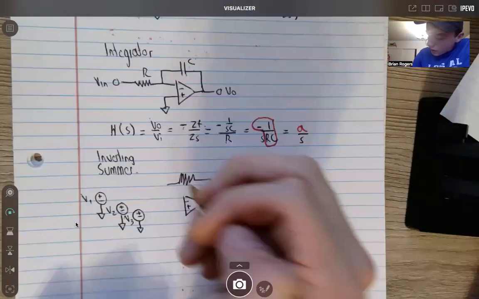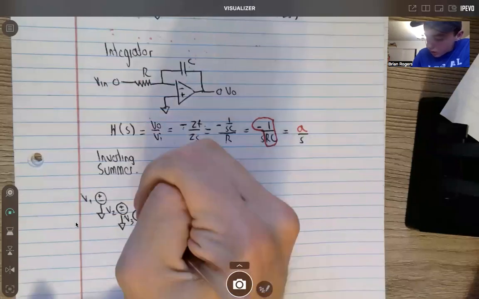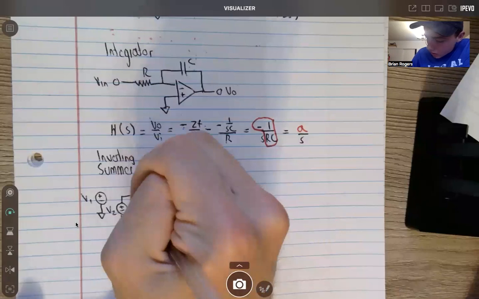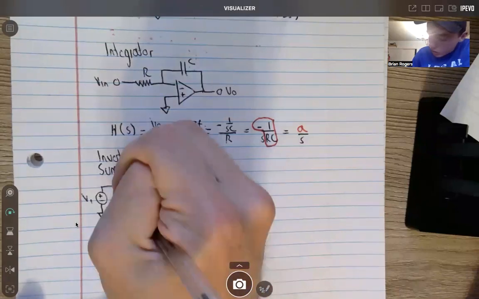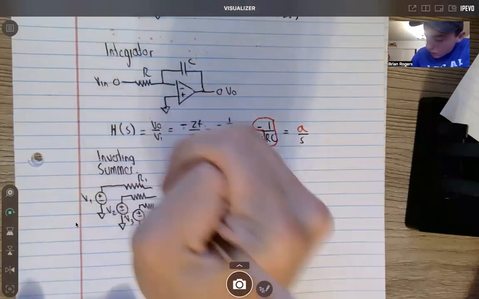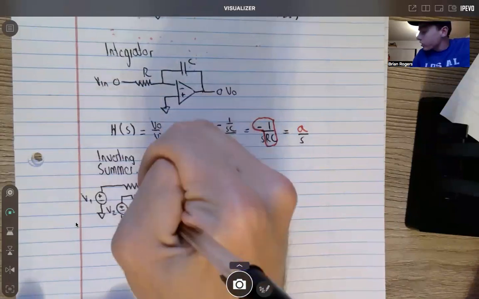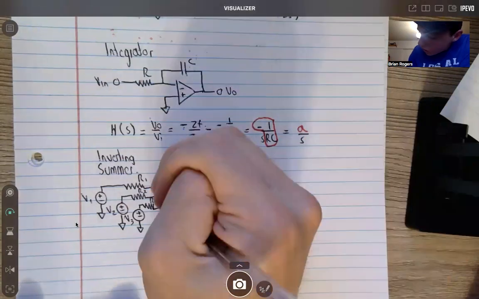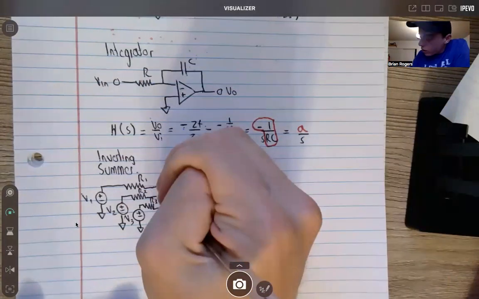Here we'd have one resistor, R1. There's our next resistor here, and our next one here. I'll just coordinate the names with the voltage numbers. So this would be R1, R2, then we have R3. Now we have our voltages, and they're all going to be hooked up to a common terminal.